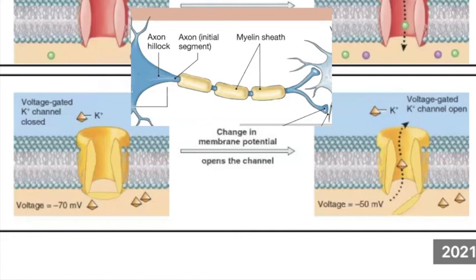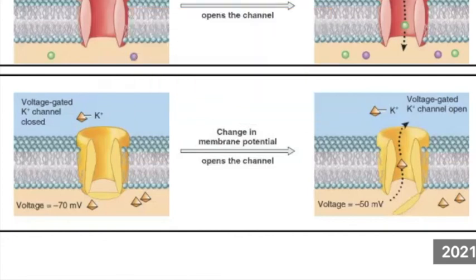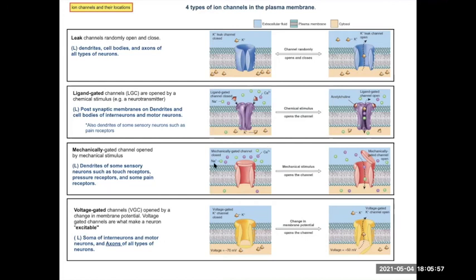This is where we're really going to see them, and they're really what makes a cell excitable. Any cell can have something like these around, but your neurons and your muscle cells are going to have a bunch of these voltage gated ones, because they are what's opening in response to a change. This is going to be some kind of positive feedback cycle, or negative if it was in response to a negative charge. But these are voltage gated channels.